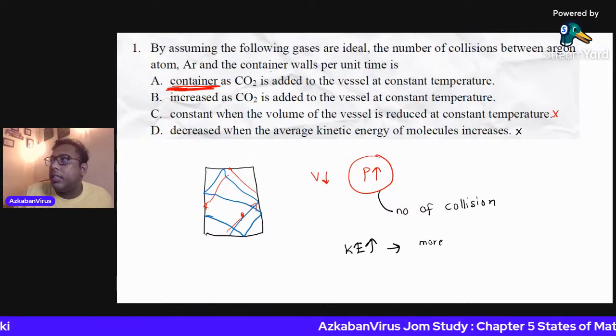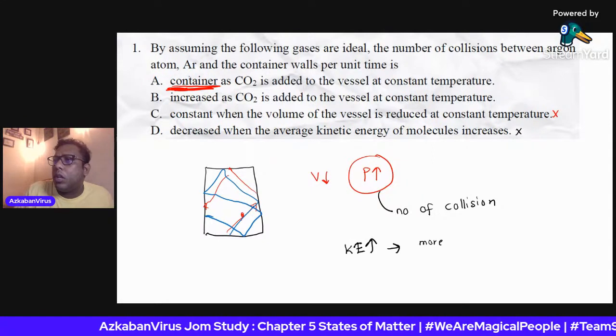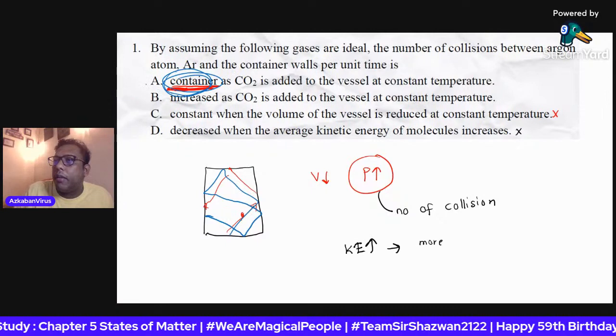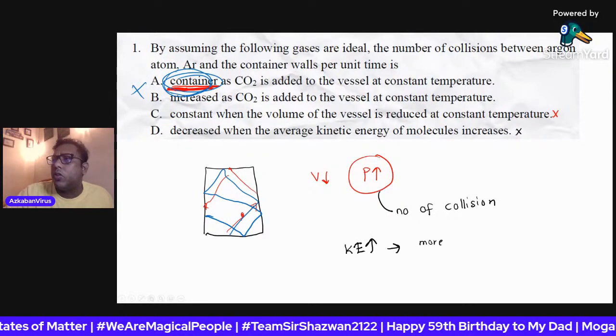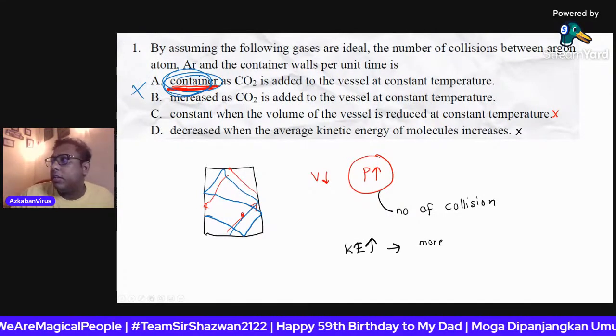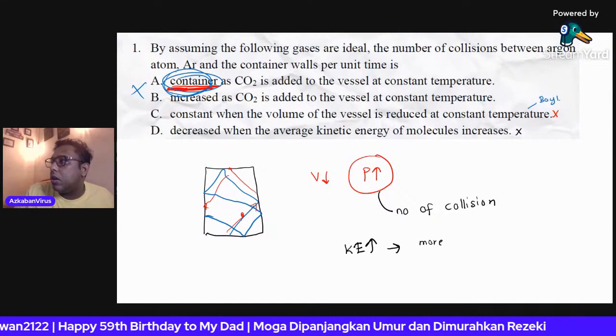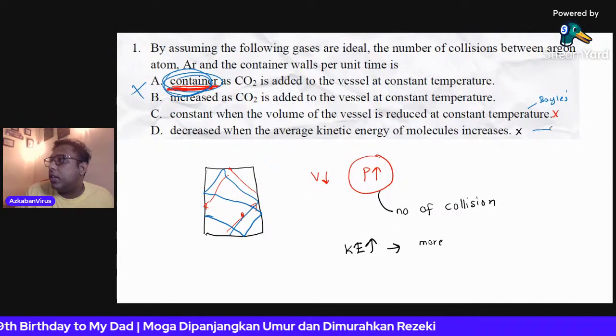So soalan ni kita scrap terus, sebab memang jawapan dia A, tapi the word container ni, nanti saya akan check balik soalan ni. Abaikan soalan ni terus. C dengan D out, this is because of Boyle's law. This is because of Charles' law.